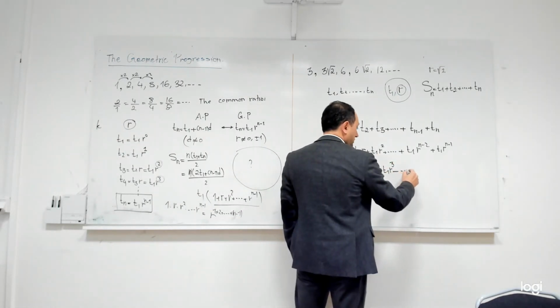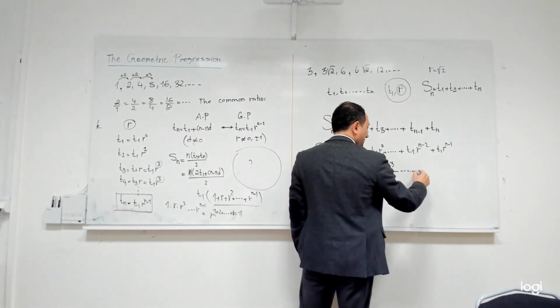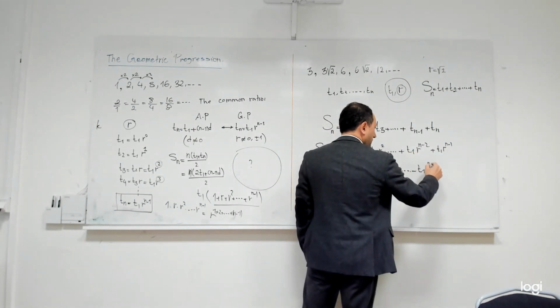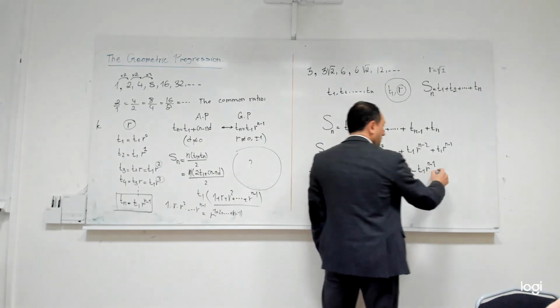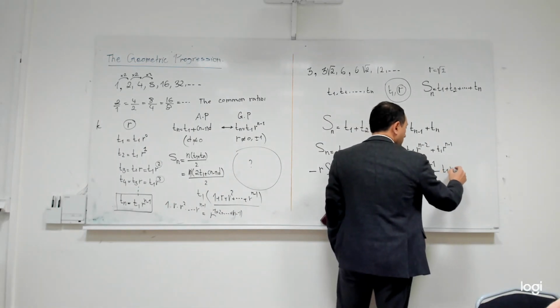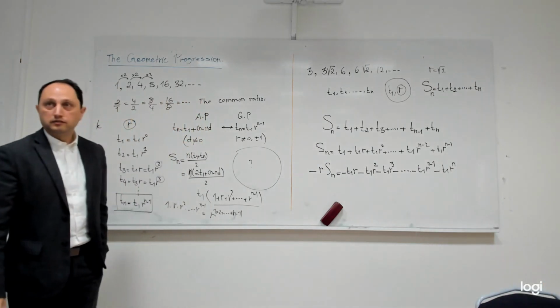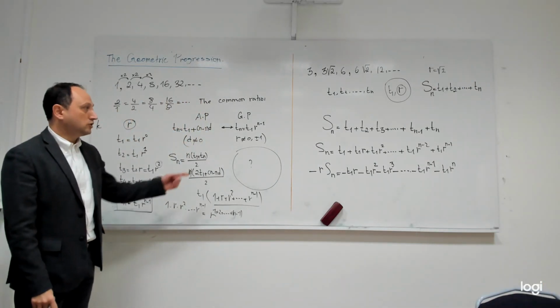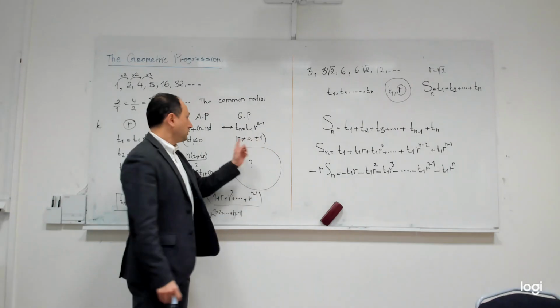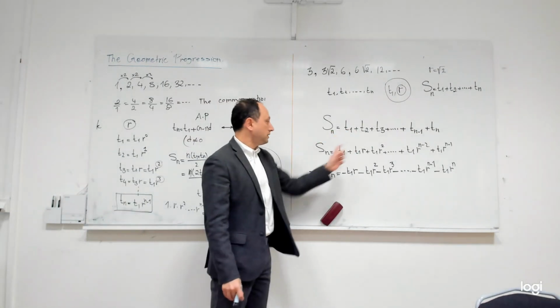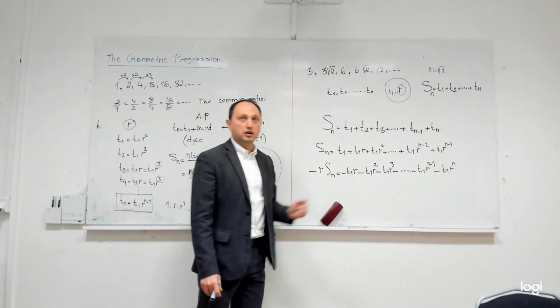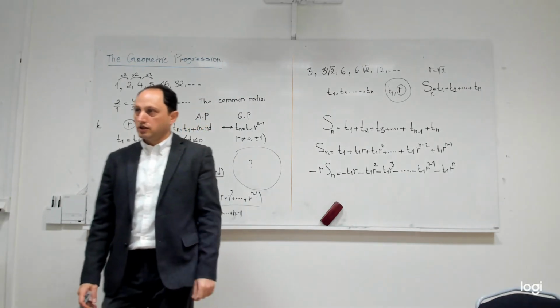And this will continue. When I reach here, it becomes negative T1 r to the power of n minus 1. Then I will get negative T1 r to the power of n. Is that right? I just wrote the formula here instead of each term, and then I multiply this by minus r. And then I add these two side by side, yes?